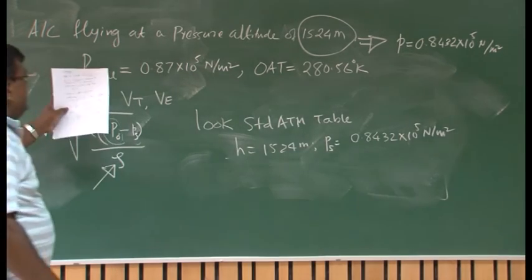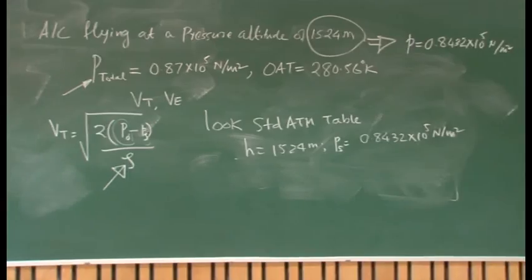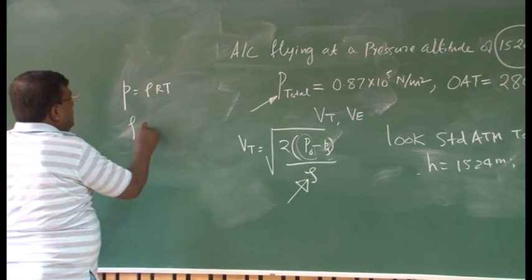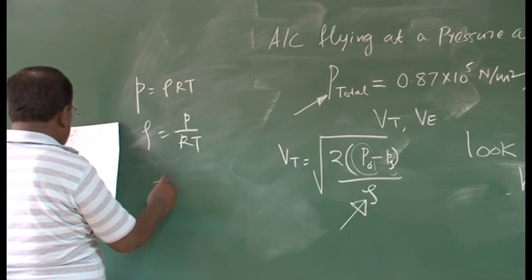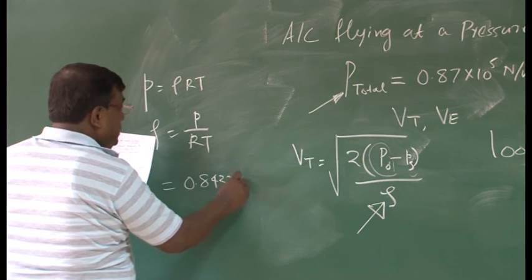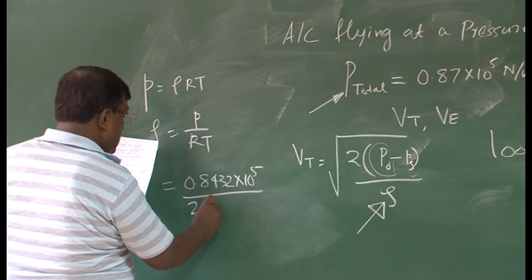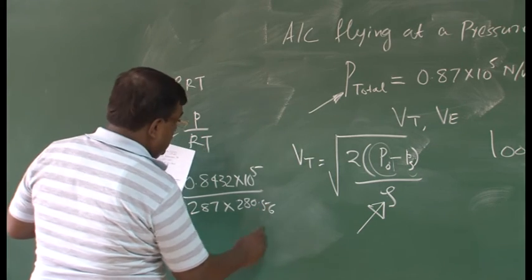P naught is given, but I don't know how to find rho. But for rho, what I will use? P equal to rho RT. So rho is P by RT. And if I substitute the value, I will get 0.8432 into 10 to the power 5, R is 287 and temperature is 280.56.